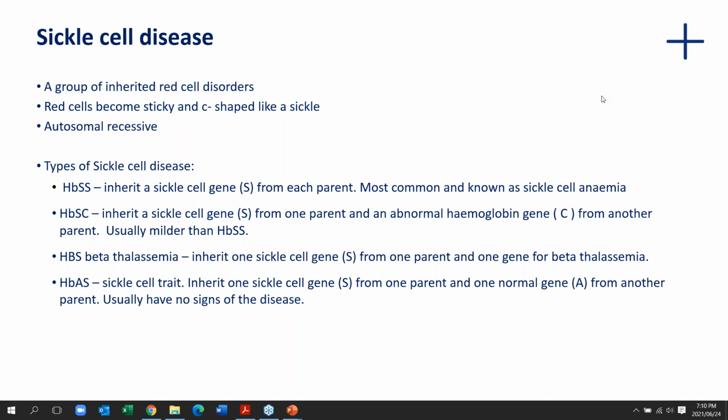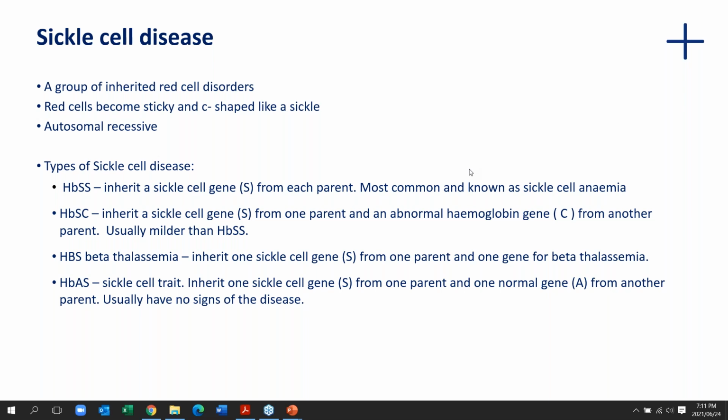Then, lastly, we have what we call the sickle cell trait. Now, this is denoted as HBAS, where the inheritance is one sickle cell gene from one parent and one normal gene from another parent.